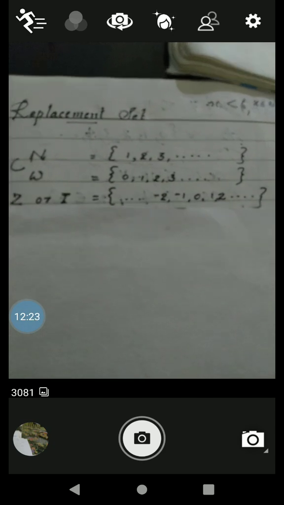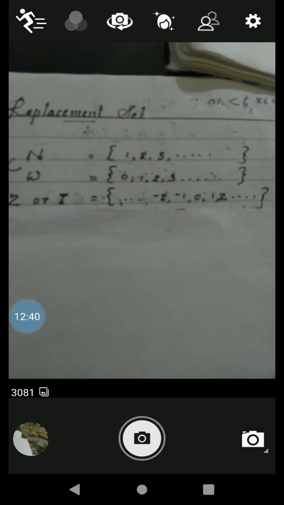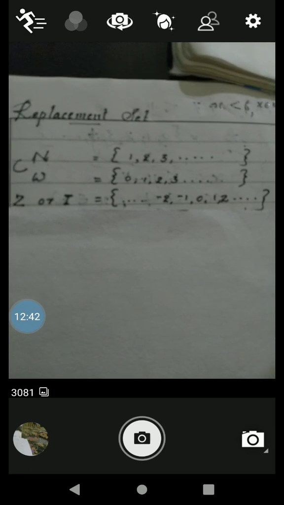That is etc., minus 2, minus 1, 0, 1, 2, 3, etc. These are integers. Then real numbers. The real numbers are all these numbers, including fractions, decimal fractions, all the number system.